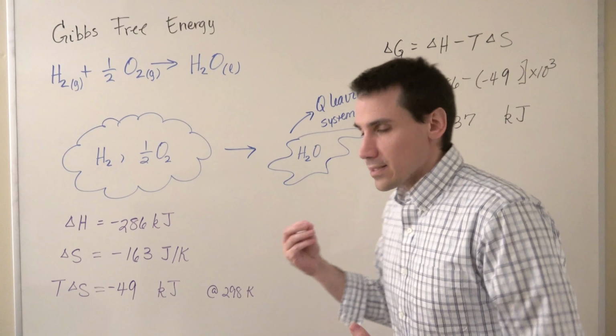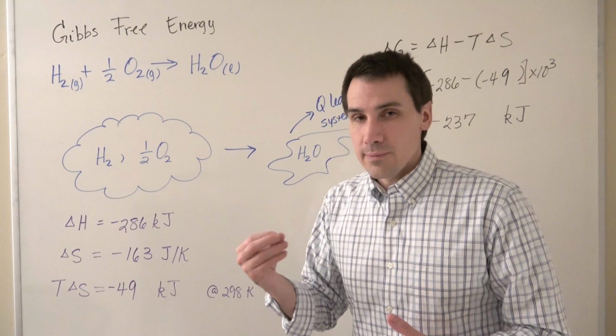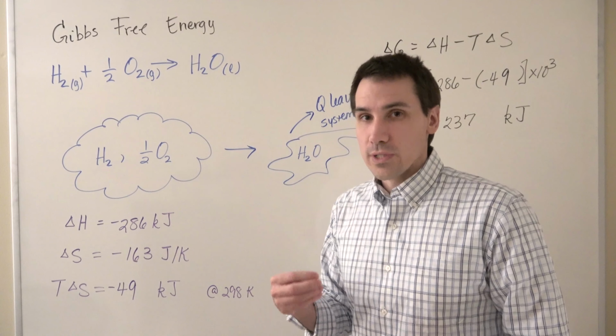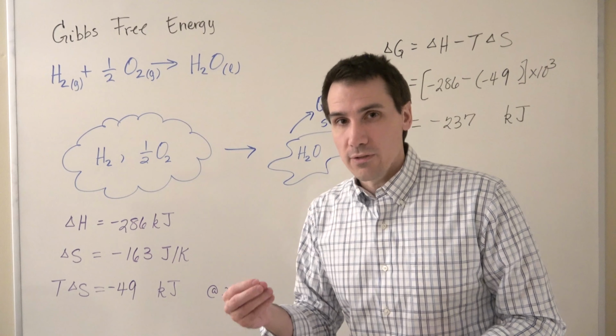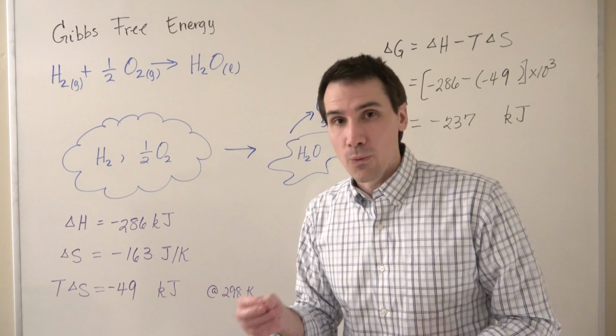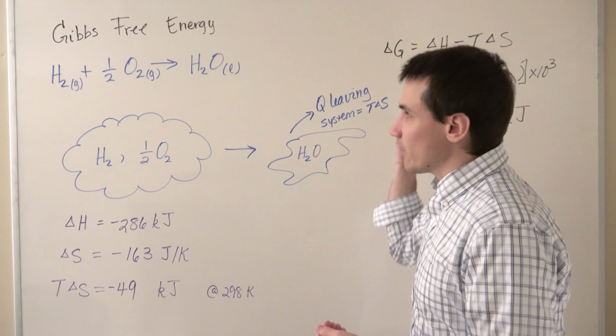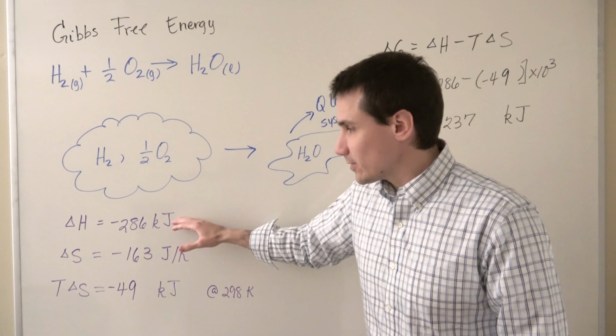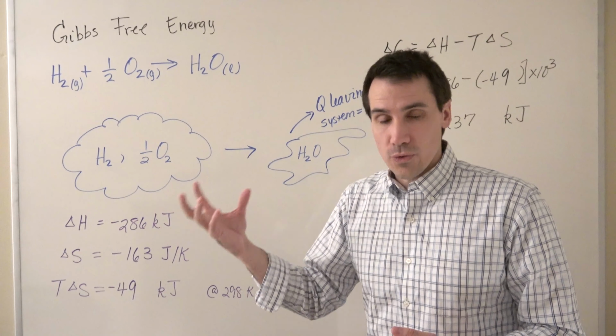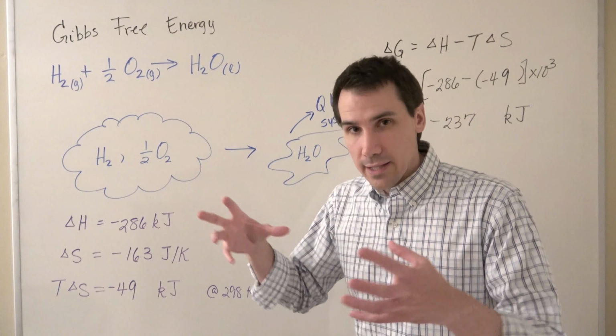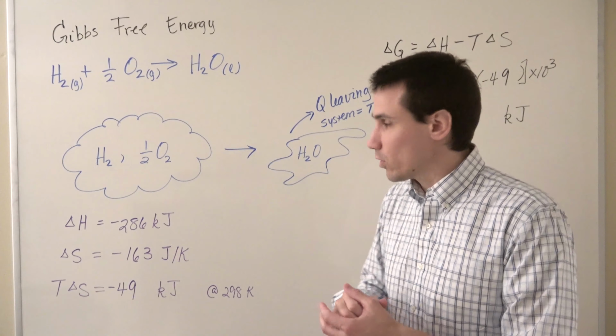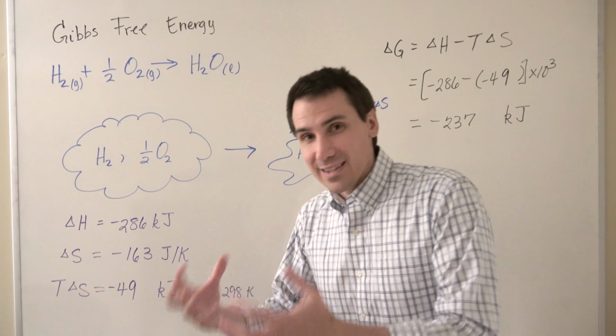Now, just like with enthalpy, in Gibbs free energy calculations, we are going to assume that the temperature of the system is the same before and after, which means that all of this energy, this delta H from my two sources, my chemical energy and my collapsing atmosphere work energy, must leave the system.